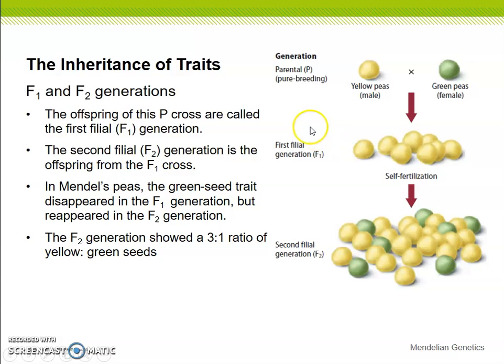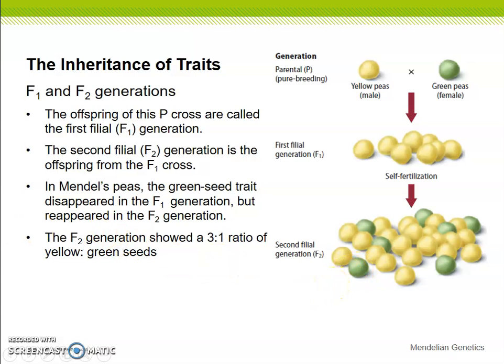And he noticed that all of the offspring were yellow. He then let those yellow seeds self-fertilize. He did not remove the pollen-producing structures of the flowers. He let them reproduce the way that they would normally. And the second filial generation, the F2, produced yellow and green seeds.